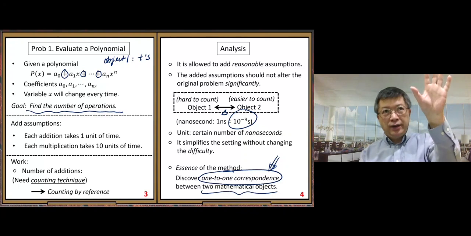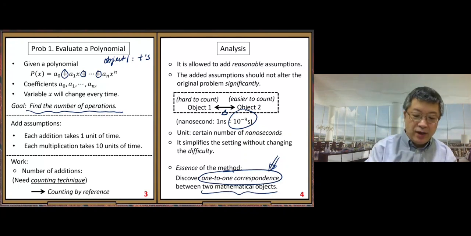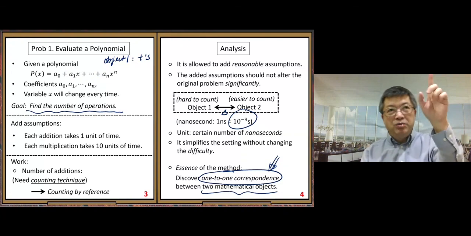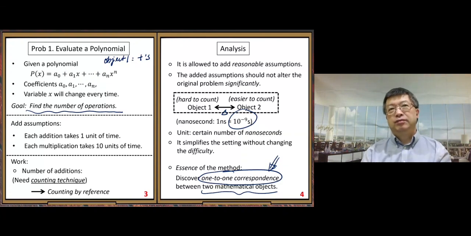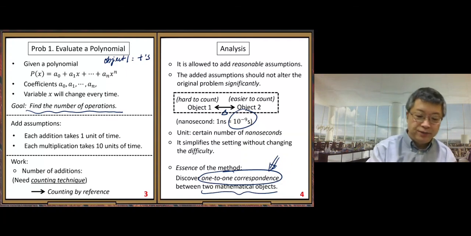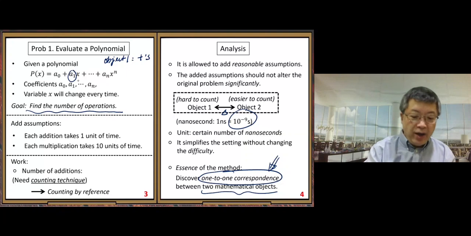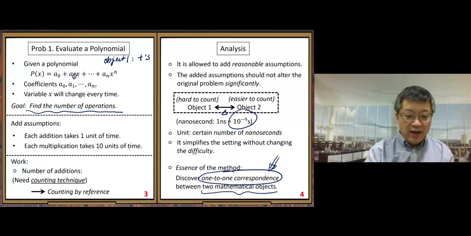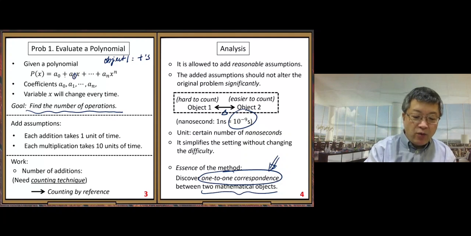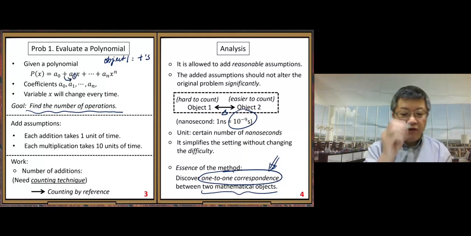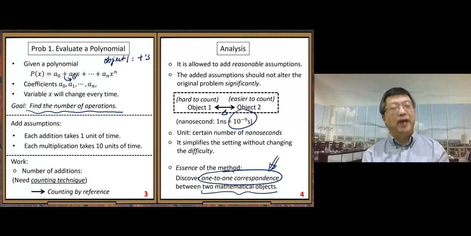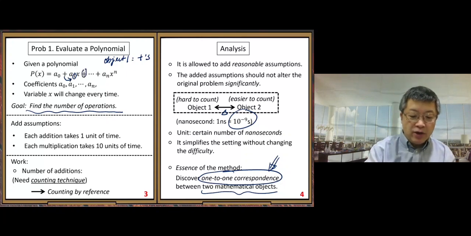Now, we try to get to object 2 and the one-to-one correspondence. So what's object 2? Look at this, a1, the coefficient. a1 has a subscript 1. The first plus sign we want to associate with the first subscript, the second plus sign will associate with the a2 subscript.